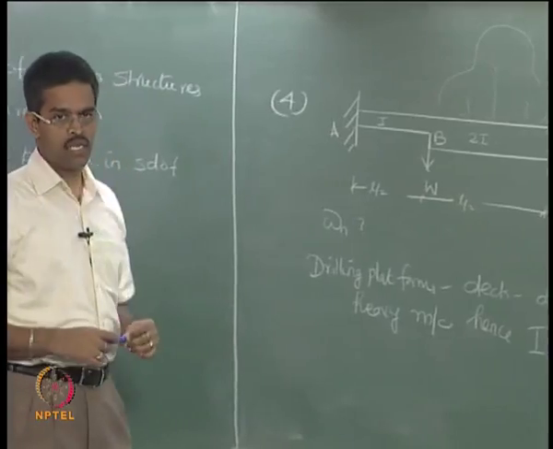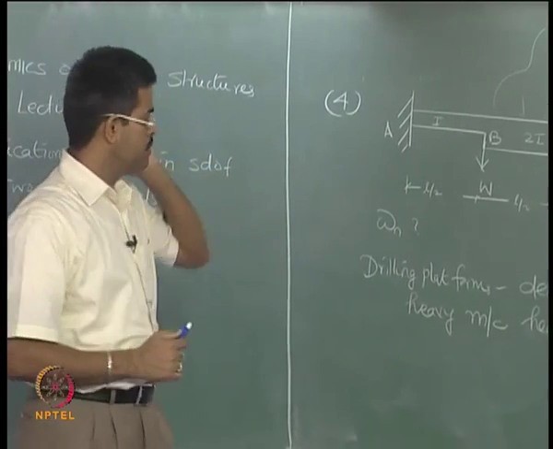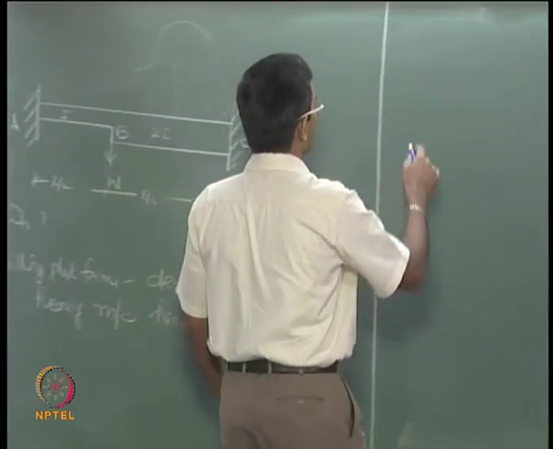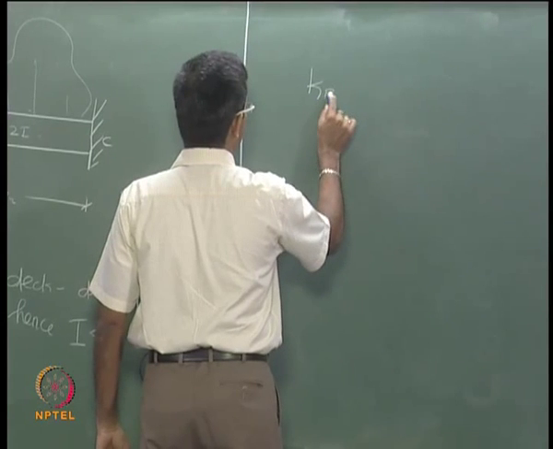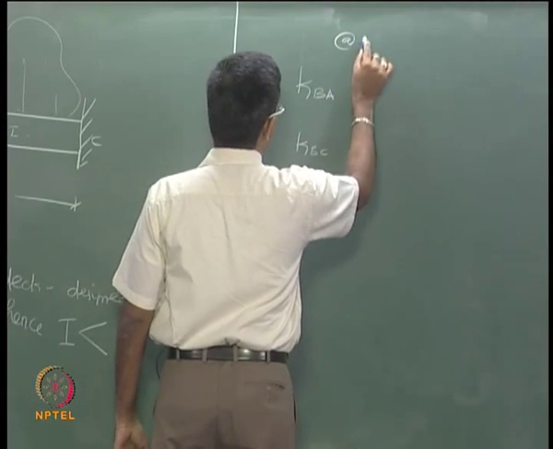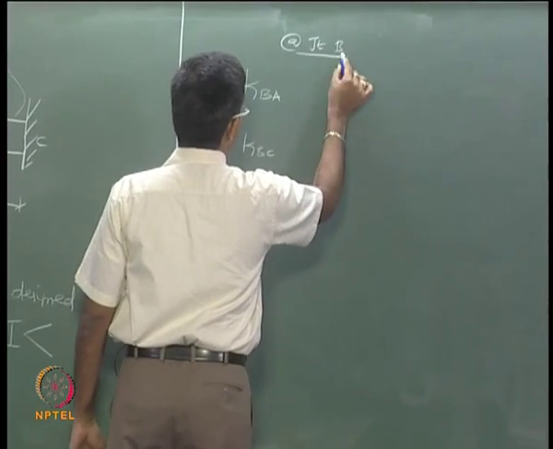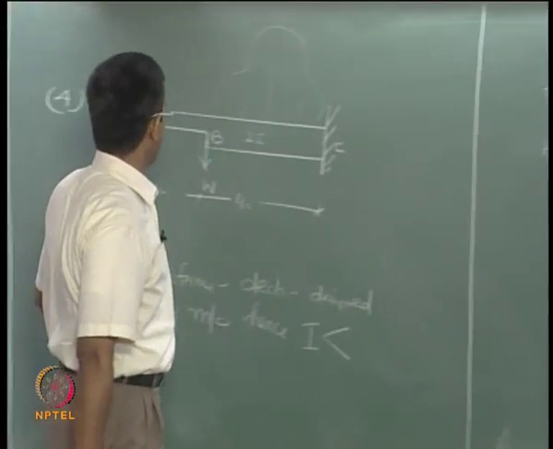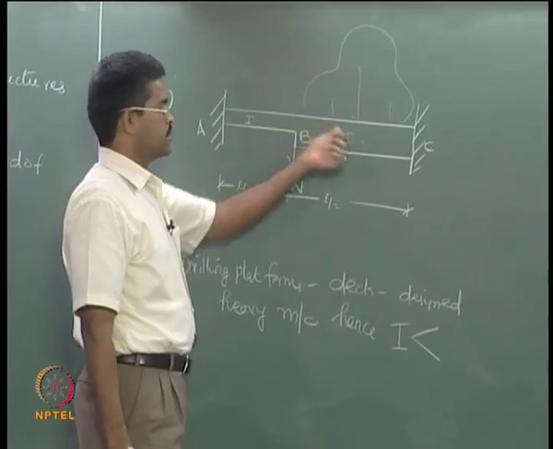So we will use the classical mechanics for finding this. Let us say I want to find the stiffness of the members BA and BC at joint B. It is a hypothetical joint because it is a section where the moment of inertia is changing.